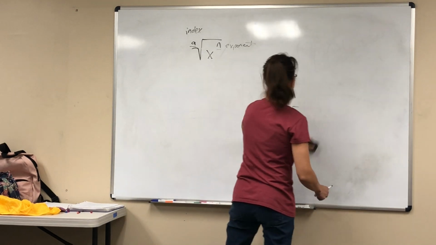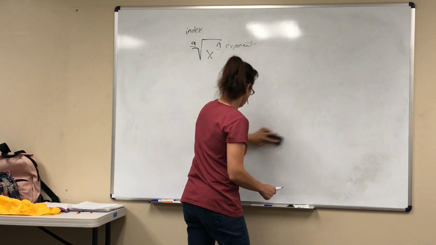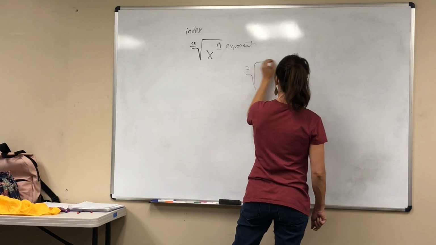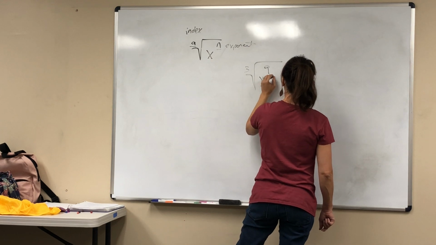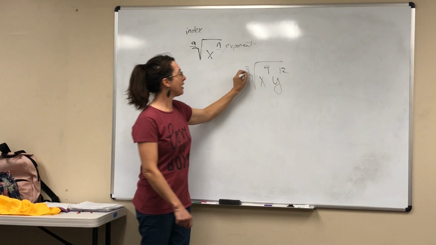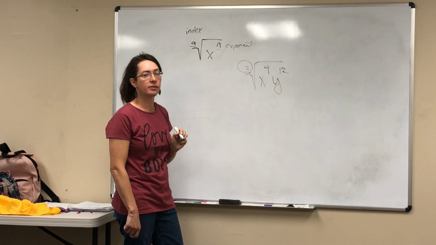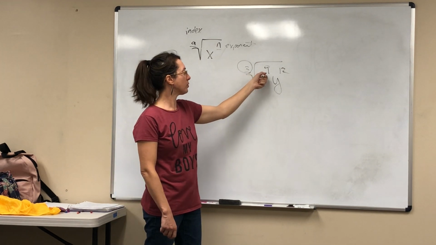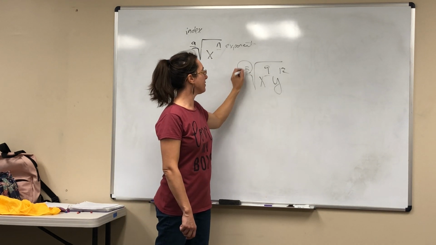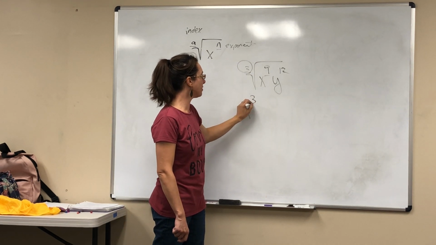Okay, let's do another one. Cube roots. I need groups of 3. How many groups of 3 can I get out of x to the 9th? 3. So I've done 9 divided by 3. I have 3 groups of x.